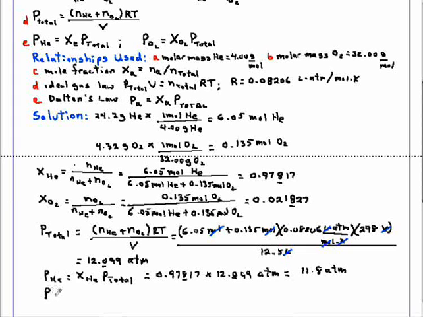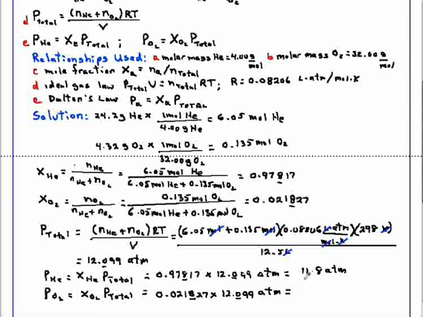Our partial pressure of the oxygen is the mole fraction of oxygen times the total pressure, and this is 0.02187 times 12.099 atmosphere, and this is equal to 0.264 atmosphere.